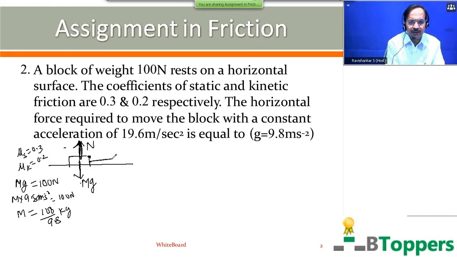Let F denote the magnitude of the horizontal force to be applied on the block to move it with the given acceleration. Let us suppose the direction of motion of the block is towards right. So I choose the horizontal direction, which is the direction of the horizontal force applied on the block, as the positive direction of the x-axis. The force of kinetic friction on the block by the surface of the floor acts towards left, opposite to the horizontal force applied on the block.